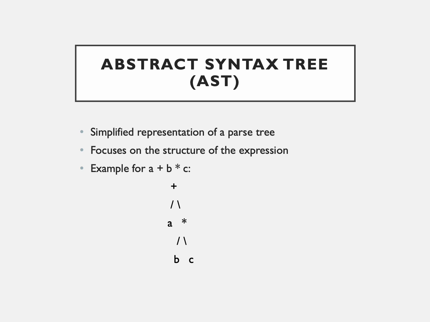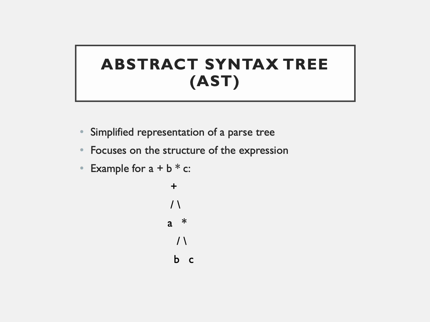Okay, now let's see the abstract syntax tree, which is an essential concept in the parsing process. Now, what is an AST? AST is an abstract syntax tree, which is a simplified representation of a parse tree. While a parse tree captures every detail of the grammar, an AST focuses only on the structure of the expression and its meaningful elements, eliminating unnecessary syntactic details.